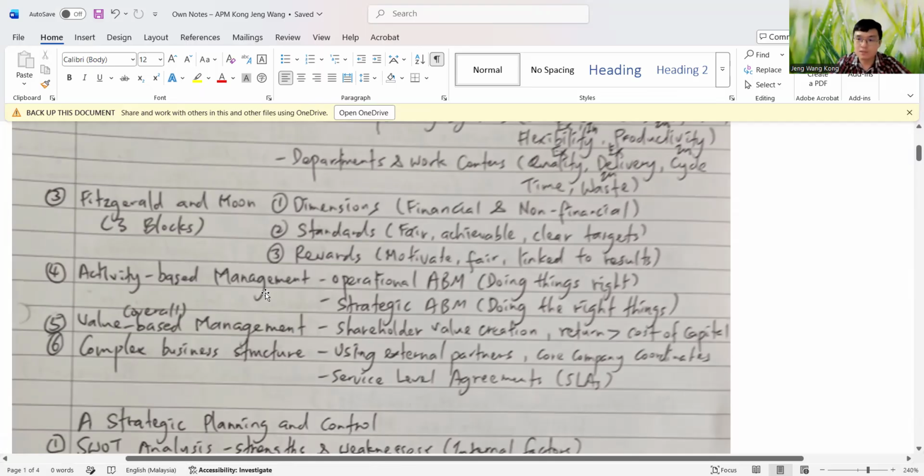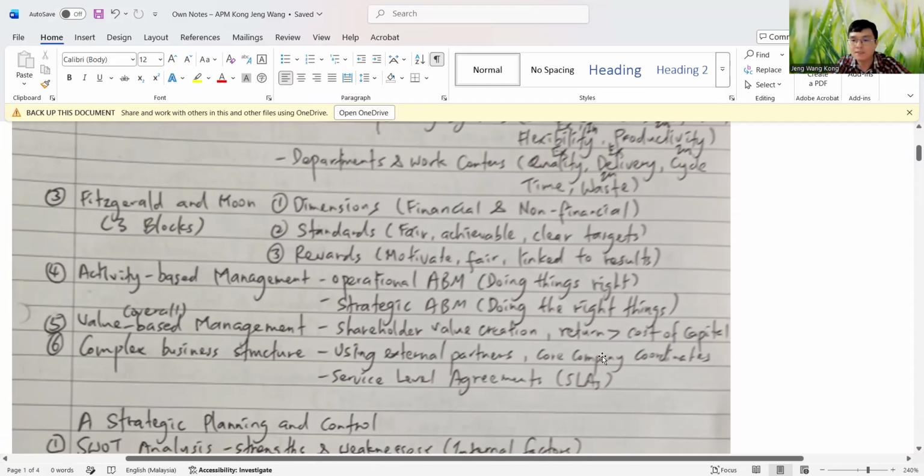Activity-based management. There are two: operational ABM and strategic ABM. Operational means doing things right. Strategic means doing the right things. Value-based management is about shareholder value creation, where returns are more than the cost of capital. Then we have complex business structures, like using external partners.